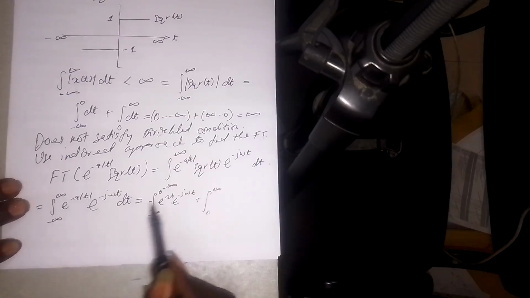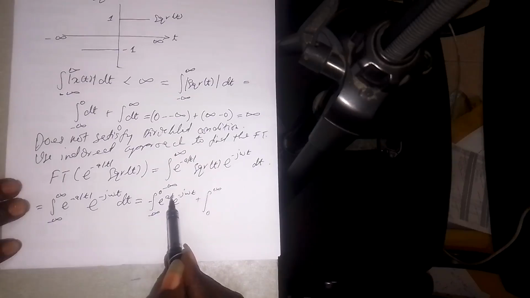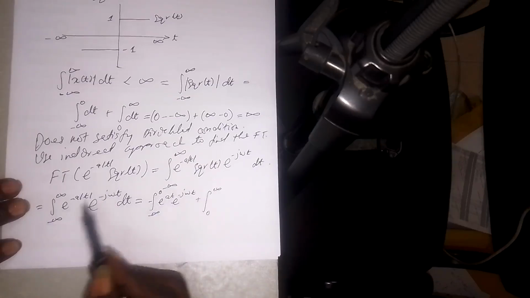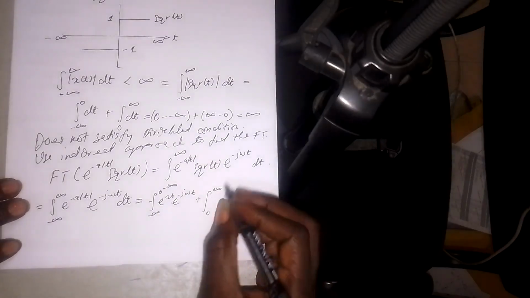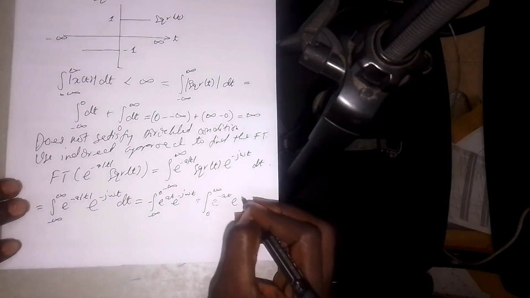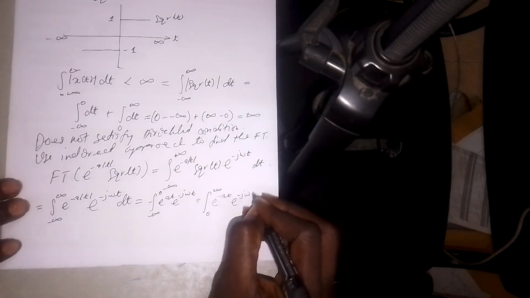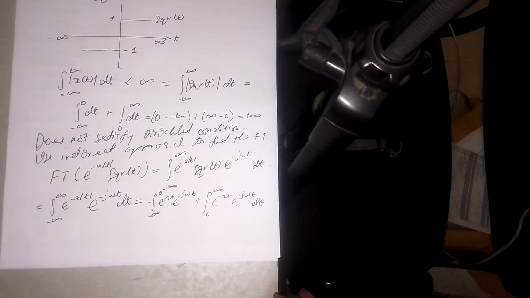In the first instance I took the negative aspect, because negative a times negative t will be positive a t. In the next instance I take the positive aspect: negative a times positive t gives negative a t, times e to the minus j omega t dt. These are the two instances we have to look at to be able to consider this.